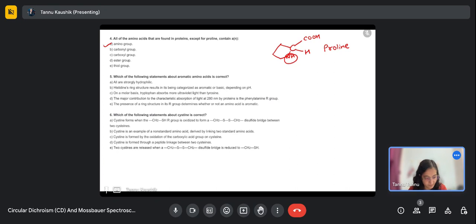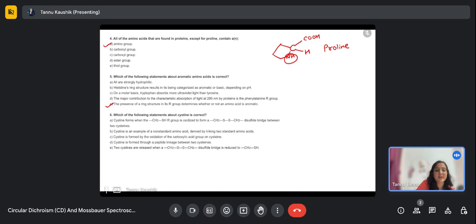Then D answer is, the major contribution to the characteristic absorption of light at 280 nanometers by protein is the phenylalanine R group. And the E is, the presence of a ring structure in its R group determines whether or not an amino acid is aromatic. So if a molecule has an aromatic ring, this E answer seems to be relevant. That is, we have a delocalized aromatic ring, then only we define that amino acid to be aromatic, not based on any pH.